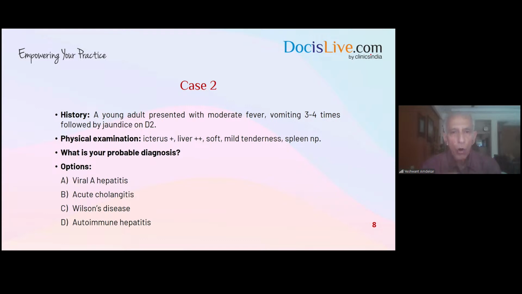It's such a strong symptom of viral A or E, and you can almost bet that it is going to be one of these two. And both look alike. Both have a very good prognosis. Therefore, it's hardly required to confirm viral A or E, though today it can be easily confirmed by antibody test. But the point is, therefore, it is not viral hepatitis.